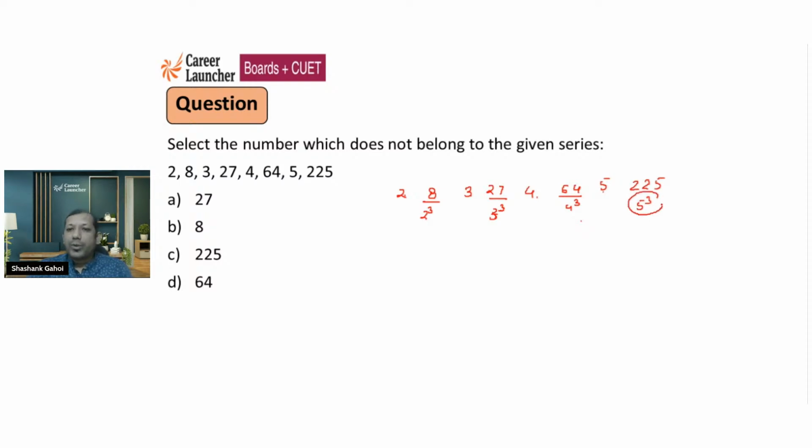And 5 cube is 125, but this number is 225. So which is going to be the odd one out? That is going to be 225. So I can directly say that my answer to this question is going to be 225, because instead of 225, I'm looking for the correct number, that is 125.